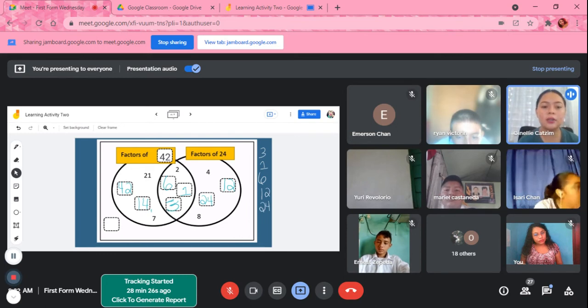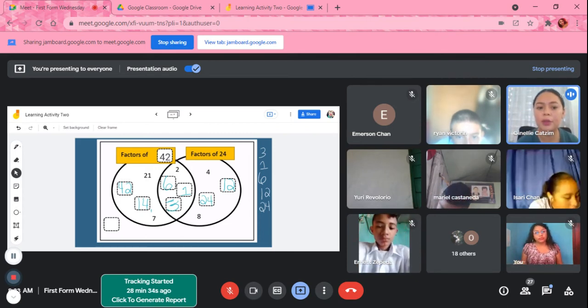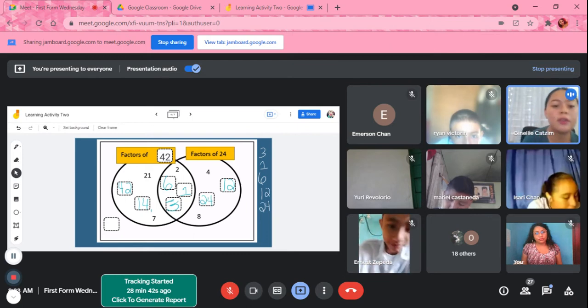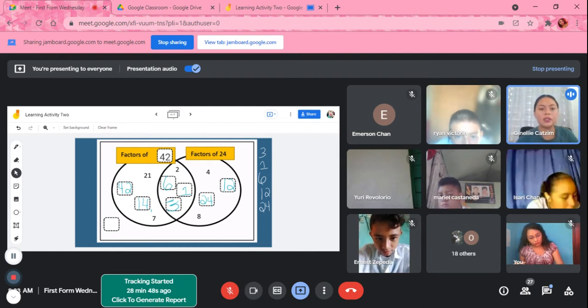We first try to figure out the factors of 24 and take a look at the overlapping, right? As your colleague mentioned, we could assume it is an even number because of the 2 there. If it didn't have a 2, we could not assume it was an even number. Very good job working with this one.